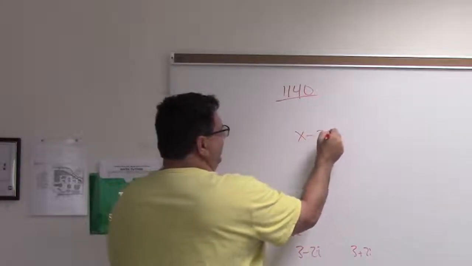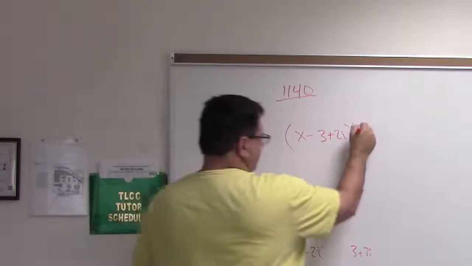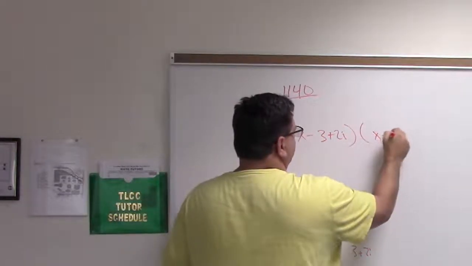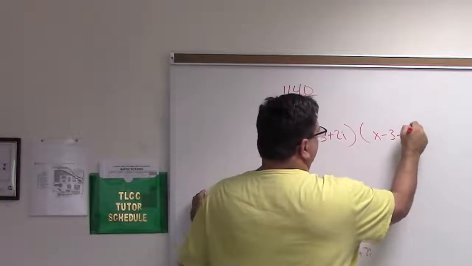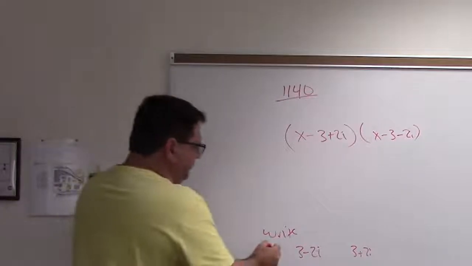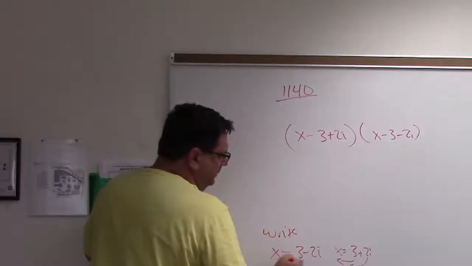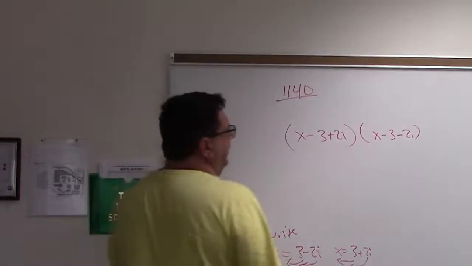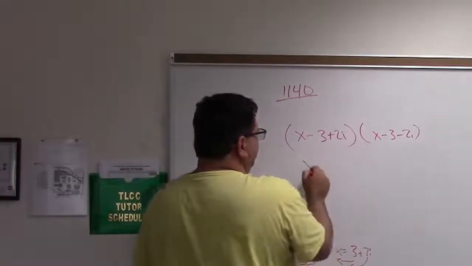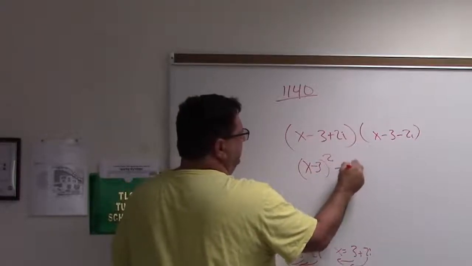X minus 3 plus 2i and x minus 3 minus 2i. Do you agree? Yes, sir. So essentially you're just taking each of these, setting it equal to x, and then moving them over, yeah? Now, I'm going to say that that's x minus 3 squared minus 4i squared.